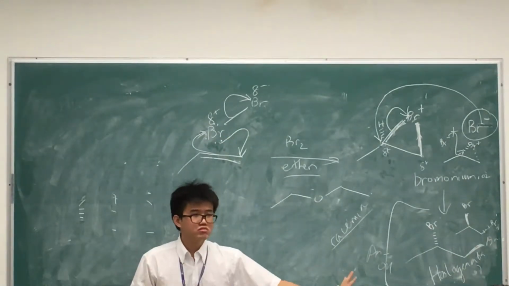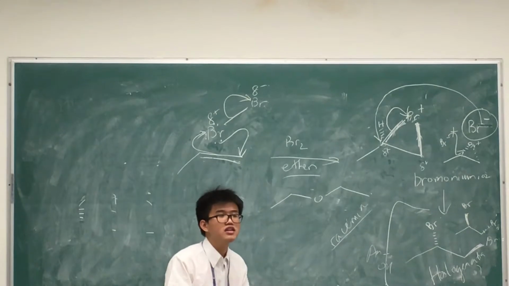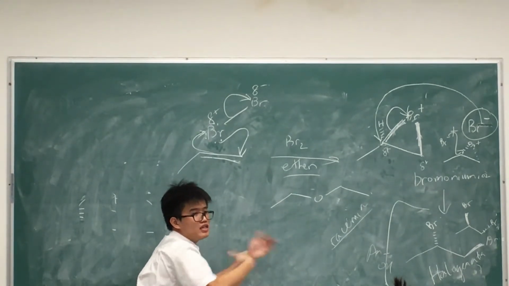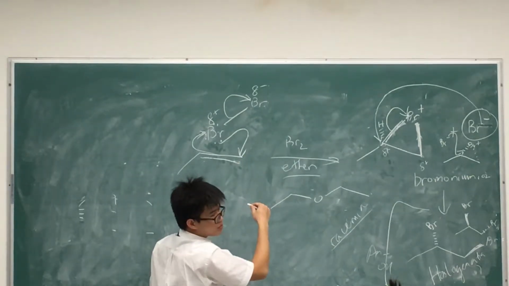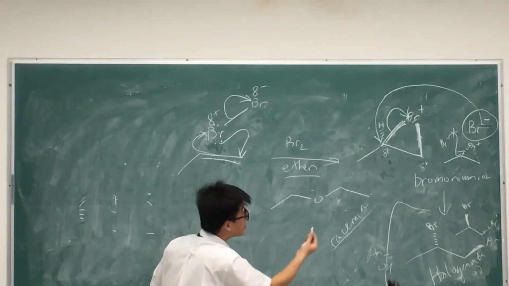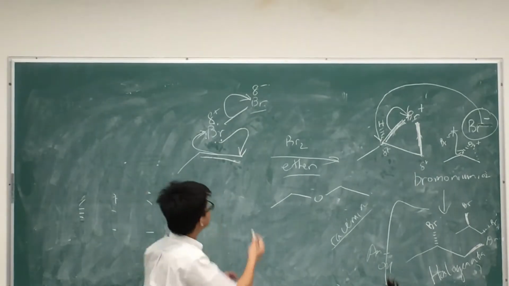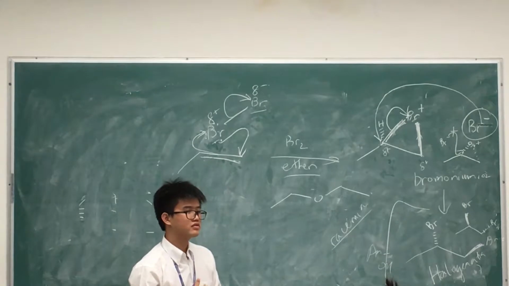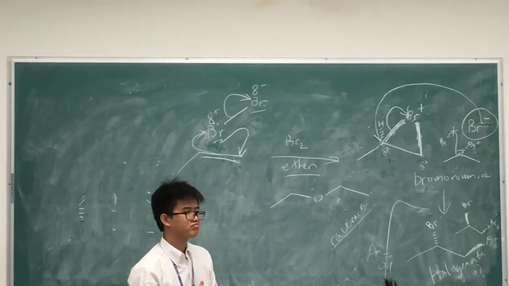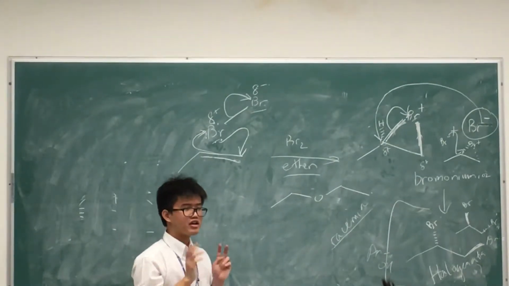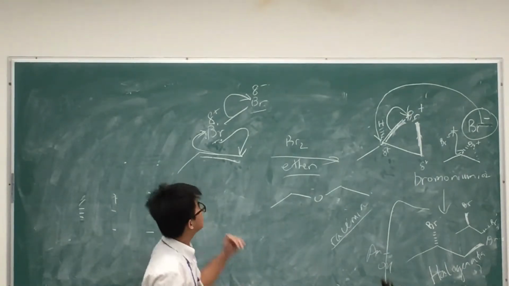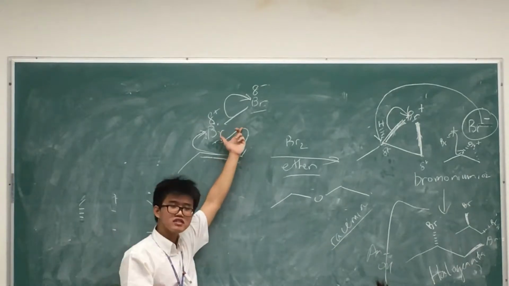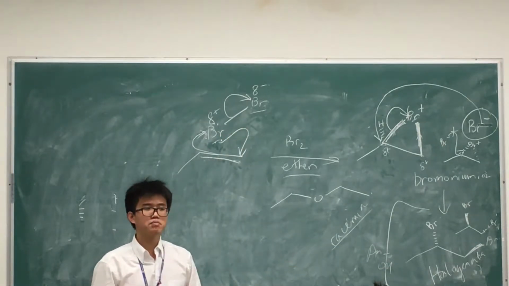But because you cannot stop electrons, at a certain moment, this one will become partially polarized, just because this one accidentally or randomly has more electrons and this one has fewer electrons. Is this something like the Heisenberg uncertainty thing? I don't want to get into that one because I don't understand that detail. But my main point is the bond here at a certain moment can be partially polarized.